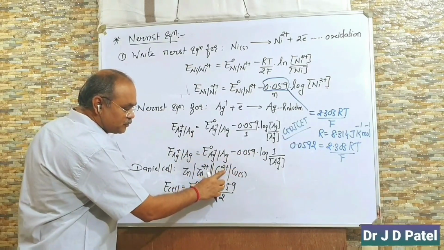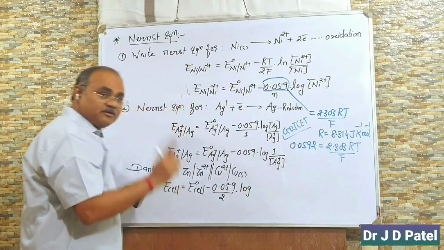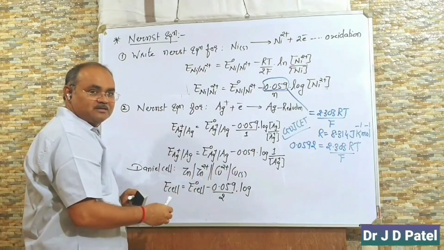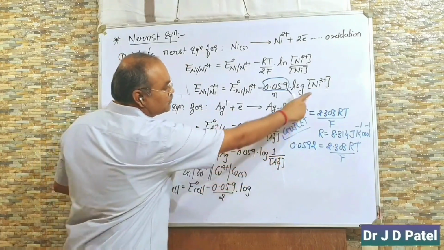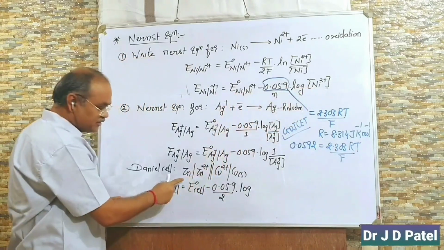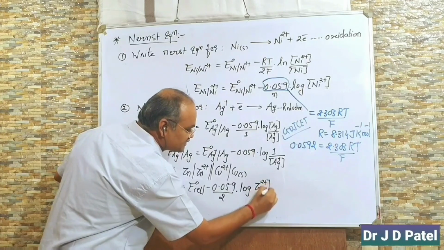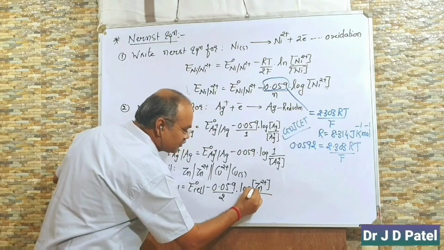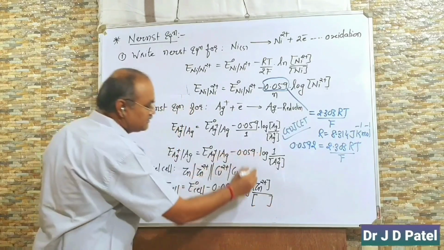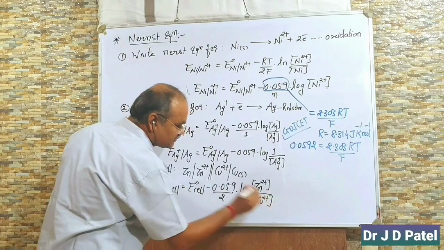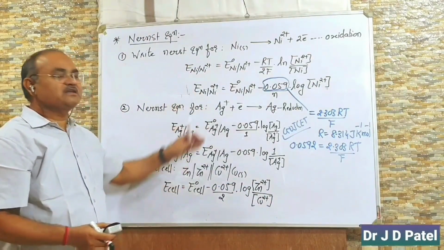Into log of. Now the important point, how will you decide for the complete cell? I told you, whose concentration is written above in case of oxidation. Who is undergoing oxidation? Zn. So here it will be Zn2 plus, and earlier also we have written this Nernst equation, you can check it. And below it will be Cu2 plus. So this is your Nernst equation. Right? But these are very simple Nernst equations.